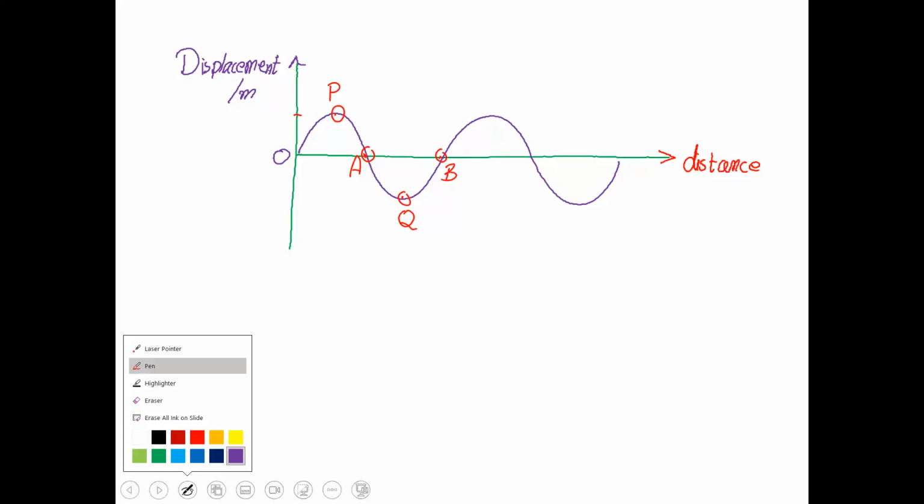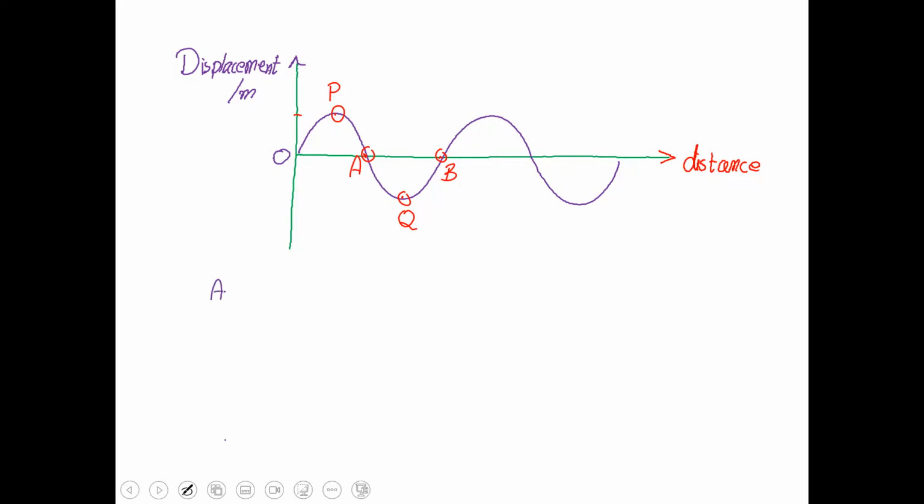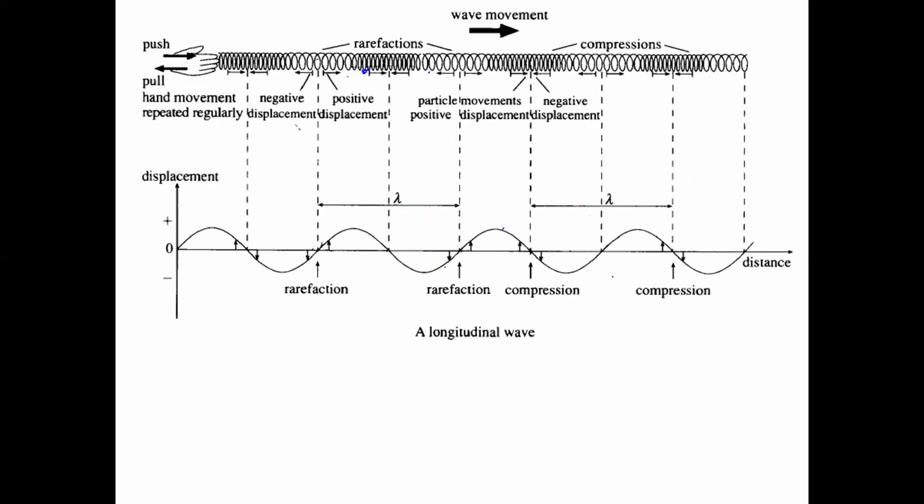First, we talk about points A and B. At A and B, displacement is equal to 0. Look at this diagram. Displacement is 0.